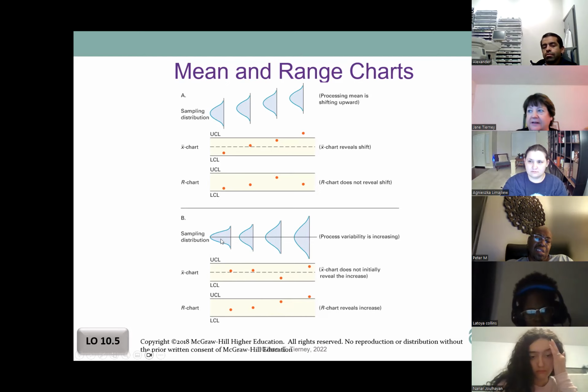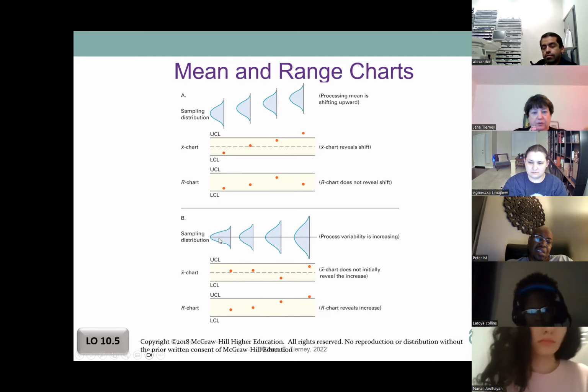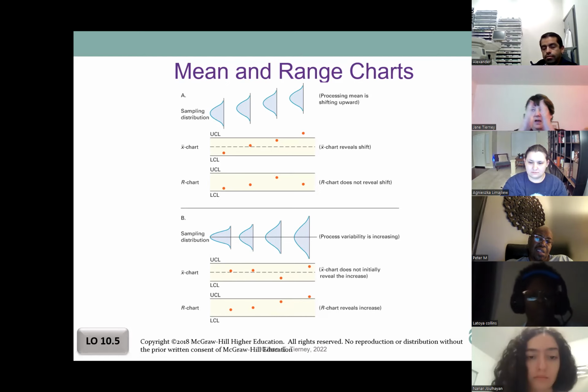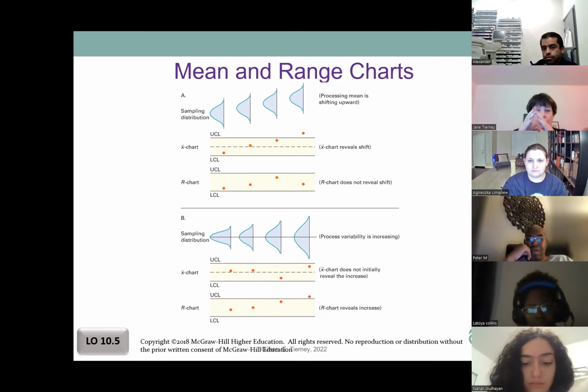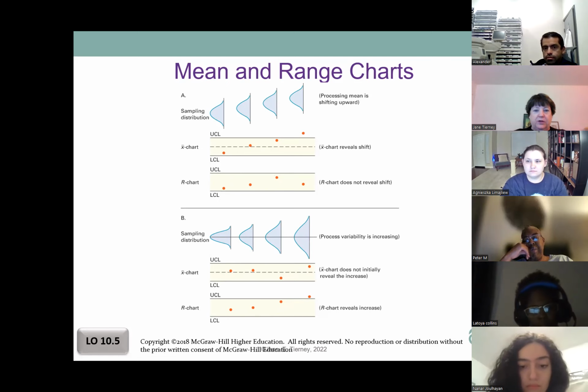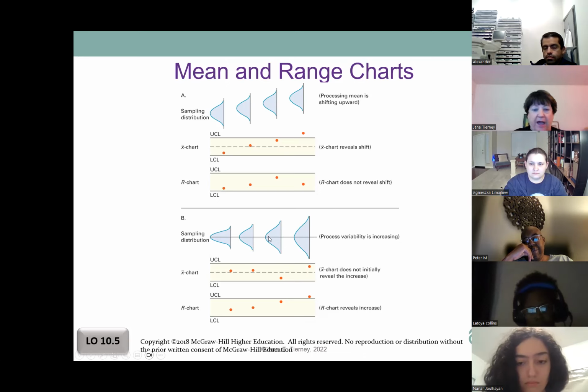So what this is telling us is we're going from those first two charts that I showed you, the nice tall green one, to getting flatter and flatter, which means we're getting more and more variation. So the process variability is increasing. We've still got the same average. We're hitting the target, which is good, but we're getting more spread out, and that's not necessarily good.